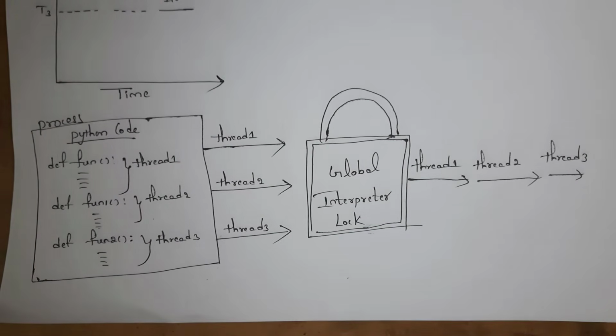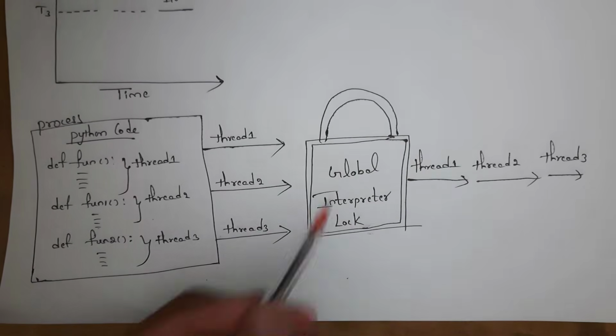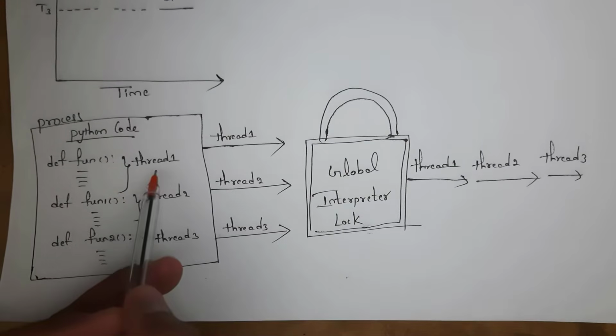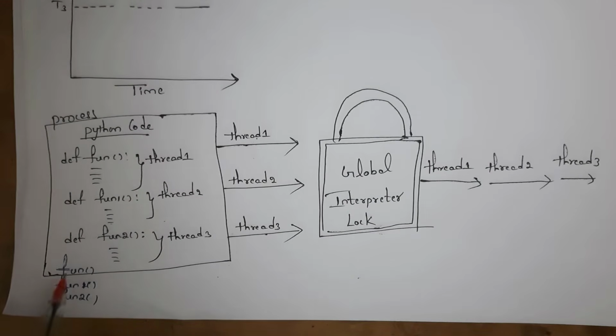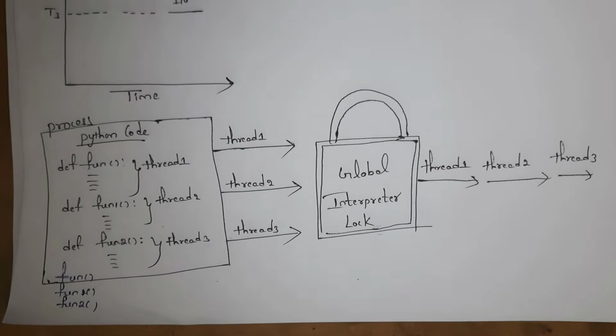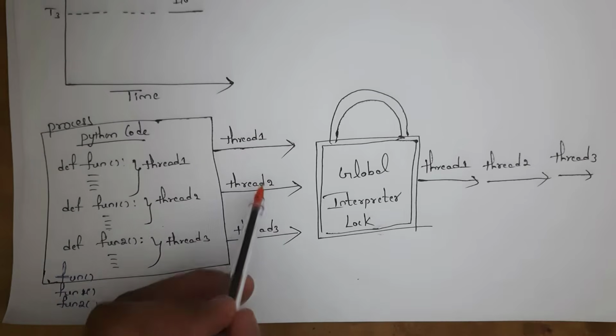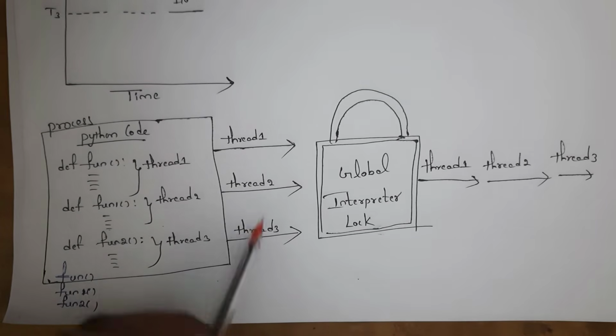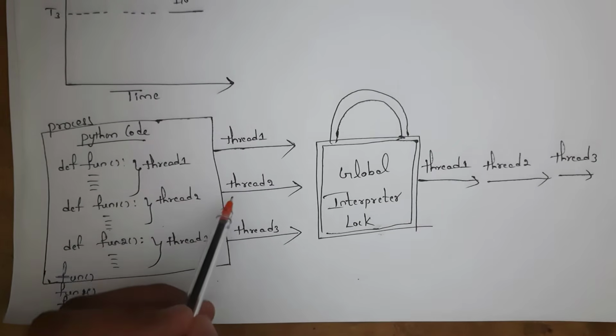Normally, Python contains a global interpreter lock, and this global interpreter lock is used to manage execution of threads. That is nothing but by using global interpreter lock, we can execute only one thread at a time. Whenever I call function, function1 and function2, at first it will execute thread 1. Whenever it executes thread 1, the Python interpreter will apply a global lock on thread 2 and thread 3, and similarly, after executing thread 1, it will execute thread 2.